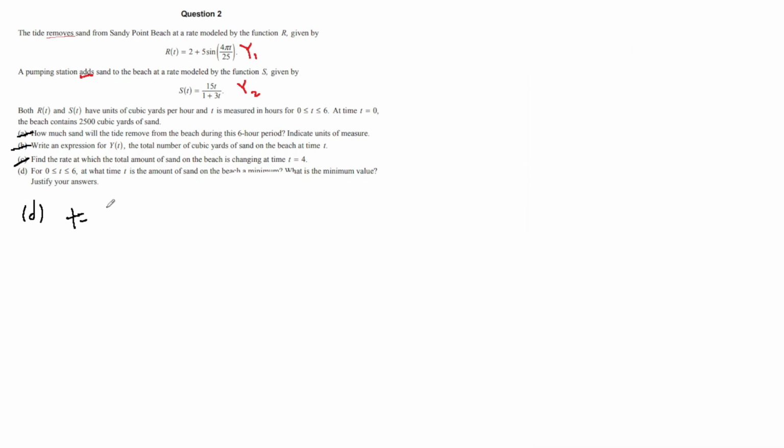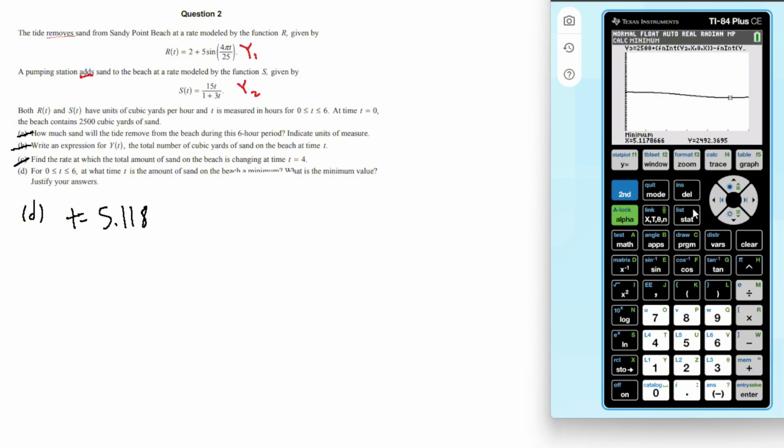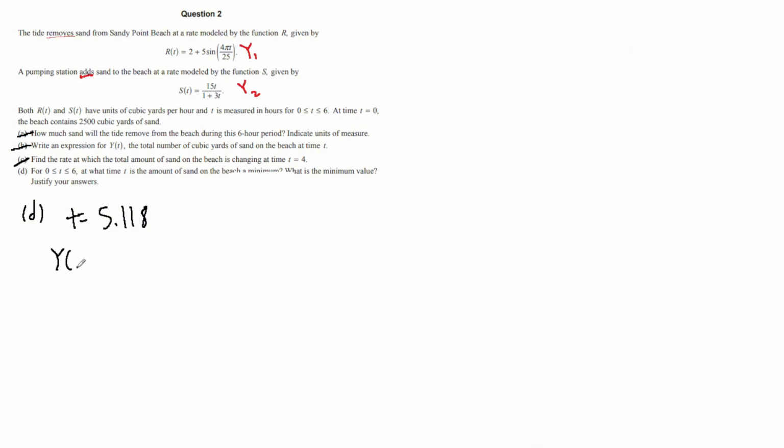And the minimum value, or the y value, is 2492.369. Let's round this since we rounded the other one. So y of t when t equals 5.118 is equal to 2492.370.